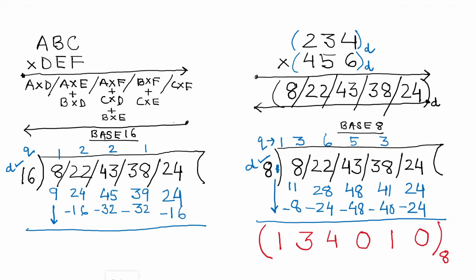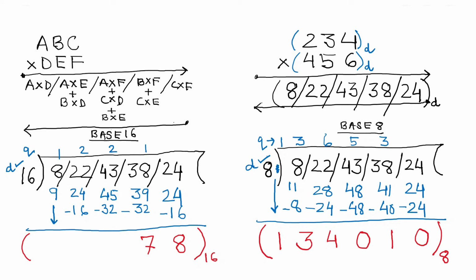Let us see what is going to be the final answer in terms of the product that we are going to get in this case, keeping in mind that the result would be in base 16. So 24 minus 16 is 8. 39 minus 32 is 7. 45 minus 32 is 13.